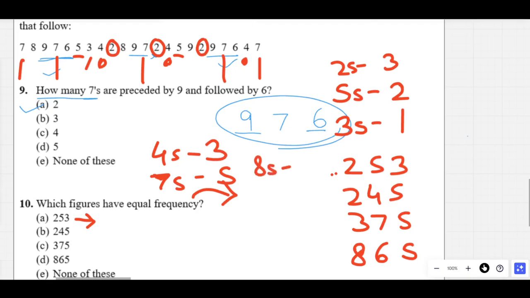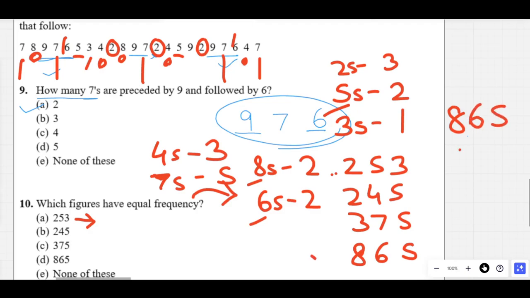Yes, how many 8's are there? 1 2, that's it, there are 2 8's, and 6, 1, then we have 2. Okay, so if we try to find a series of 3, we have 8, 6 and 5. All these 3 have frequency of 2, and that is our answer here.